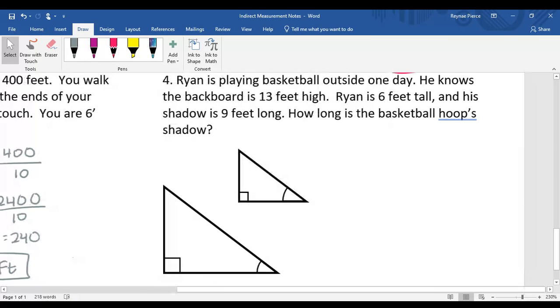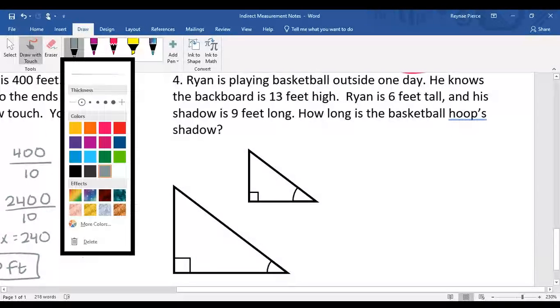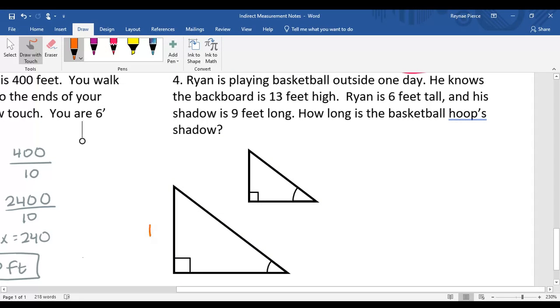Last example here. We're going to go back to those two separate triangles. Ryan is playing basketball outside one day. The backboard of a basketball hoop is 13 feet high. So here's our basketball hoop.